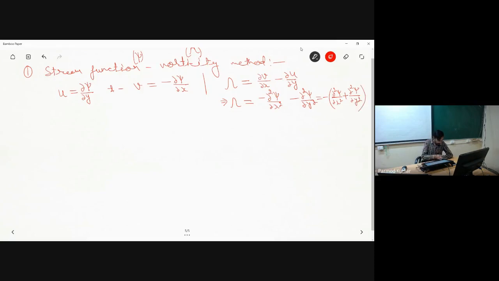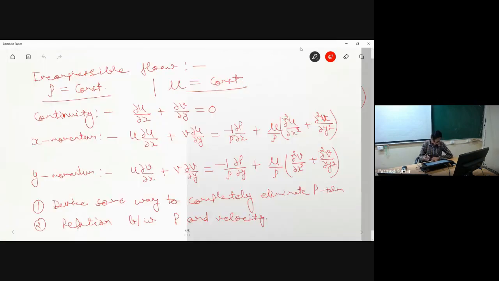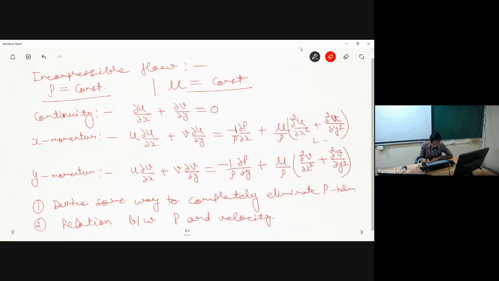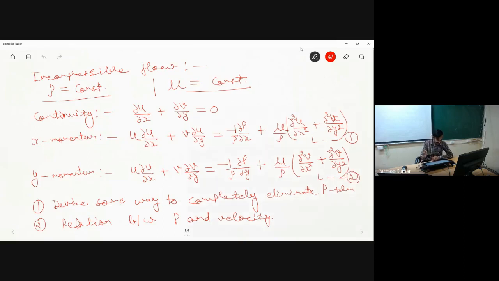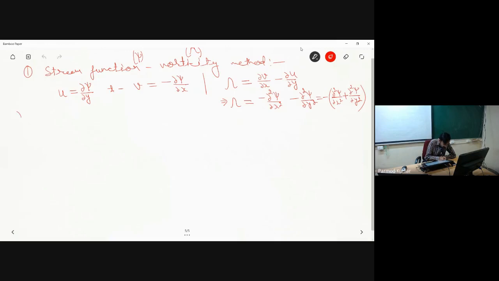Now let me consider that my x momentum equation is equation number 1 and the y momentum equation is equation number 2. I will differentiate equation number 1 with del by del y.